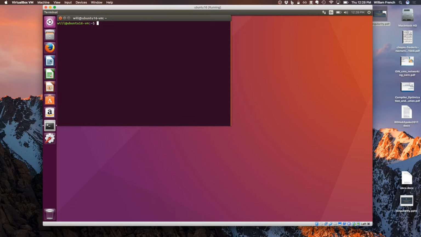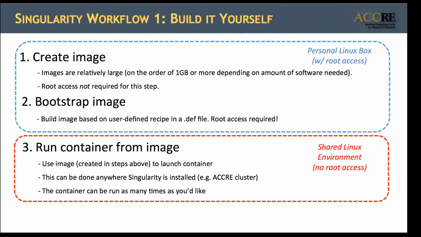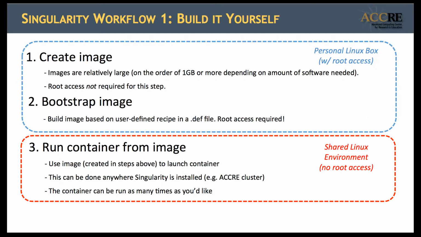From here, just to convince you that Singularity is indeed installed, I'll just run a which singularity. All right, so you've got singularity, which is the main command, and then Singularity supports a number of subcommands like run and exec and test and shell, which we'll discuss as we keep going here. On my VM, I have root access, and that's allowed me to install Singularity.